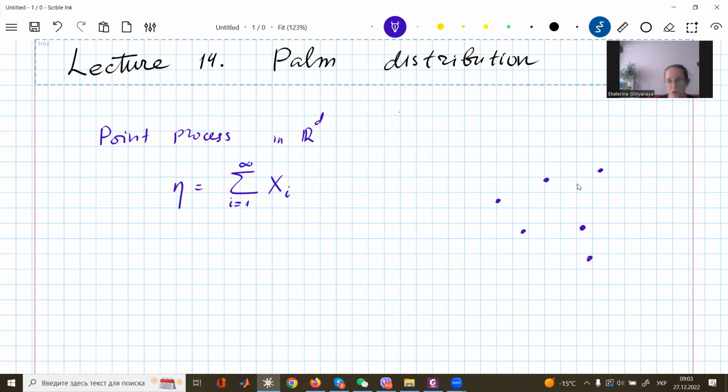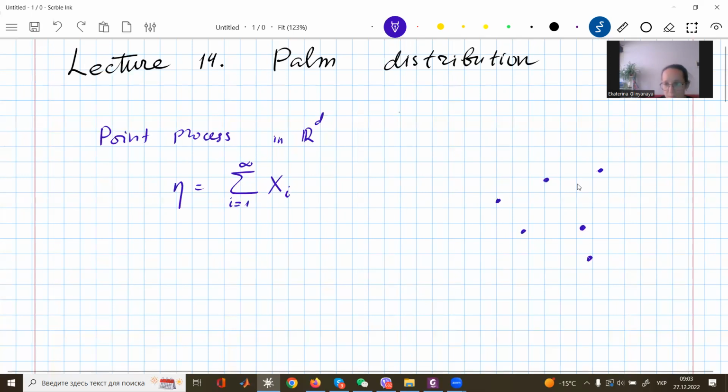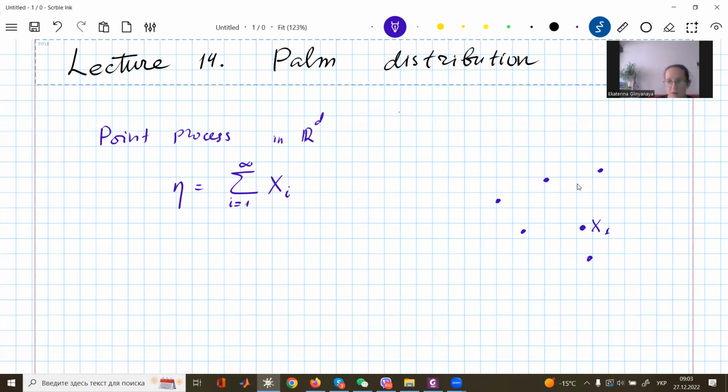And one of such characteristics is the smallest distance between some point, let's say x1, and other points in this point process.